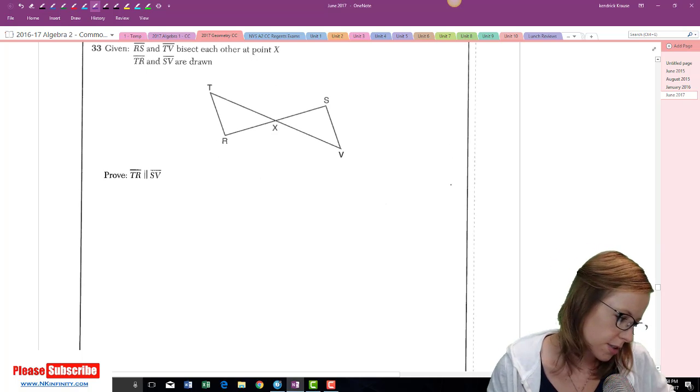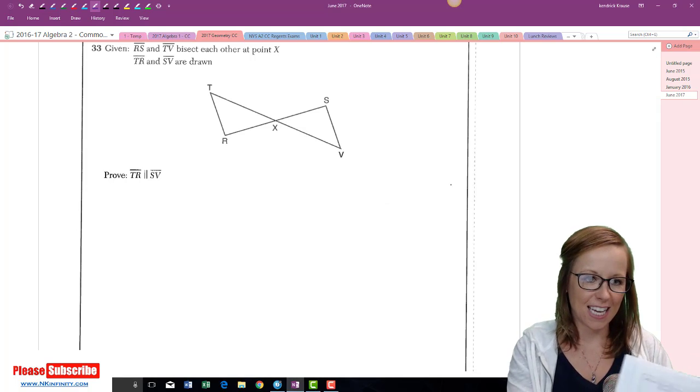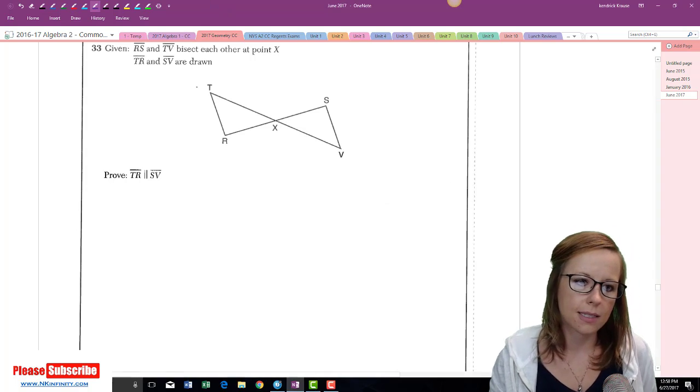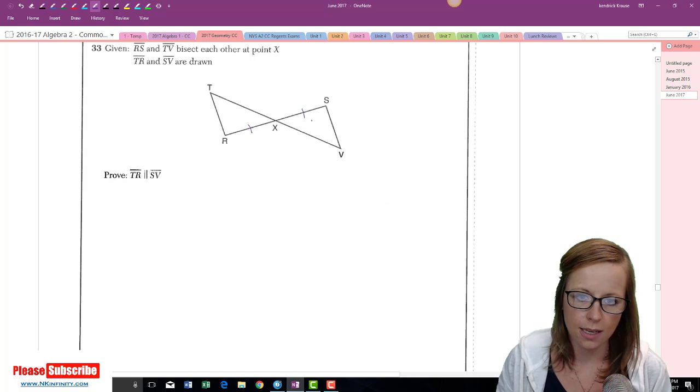Oh boy, I just don't want to. Given RS and TV bisect each other at point X, TR and SV are drawn. RS and TV bisect each other. So R to X, X to S, T to X, X to V. Got it.